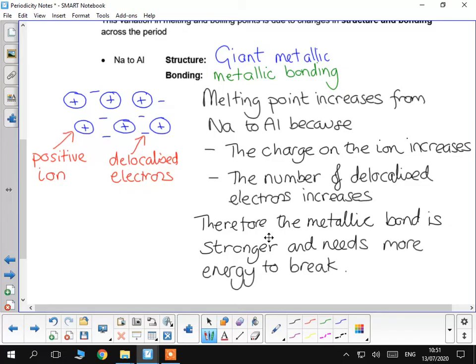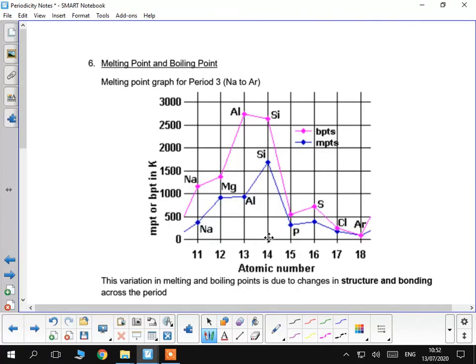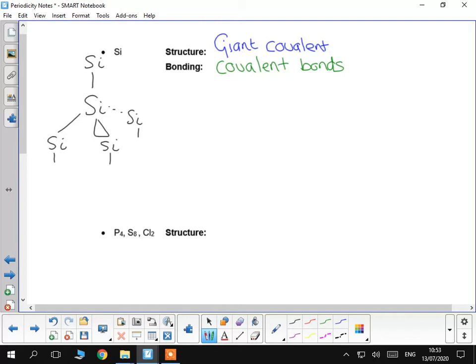So we've considered sodium and aluminium, general trend increasing there, with both melting point and boiling point. We're now going to have a look at silicon and why in particular it's so high. So this is the structure of silicon. It's bonded by very strong covalent bonds in a giant covalent lattice structure.